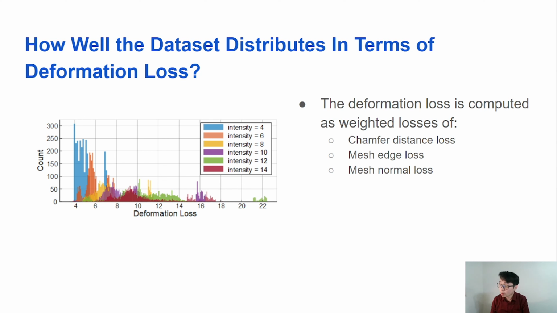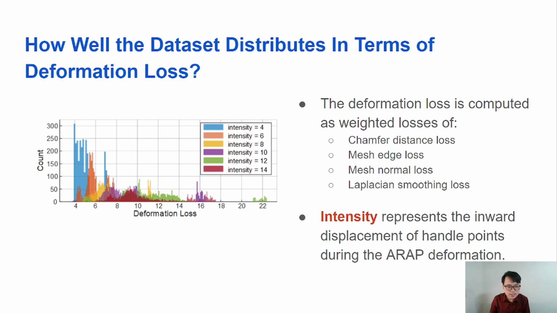The mesh normal loss: the two surfaces, if the original looks like this, after bending it will look like this. So we compute that loss. And the Laplacian smoothing loss: how the surface curvature compares to the original one.